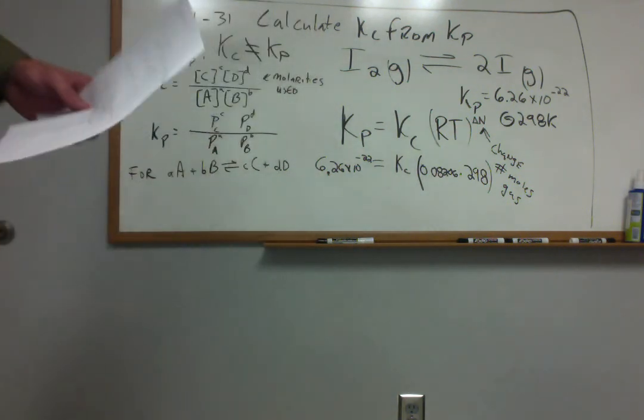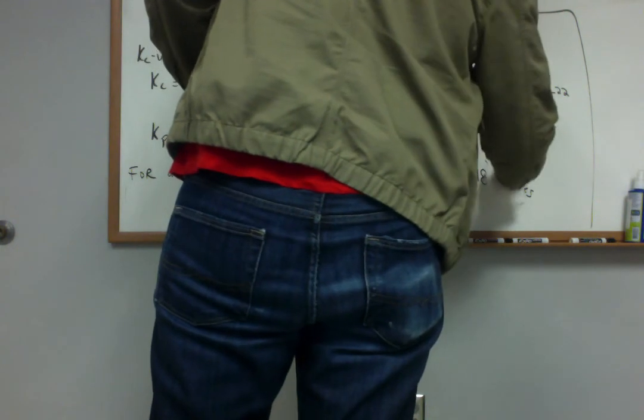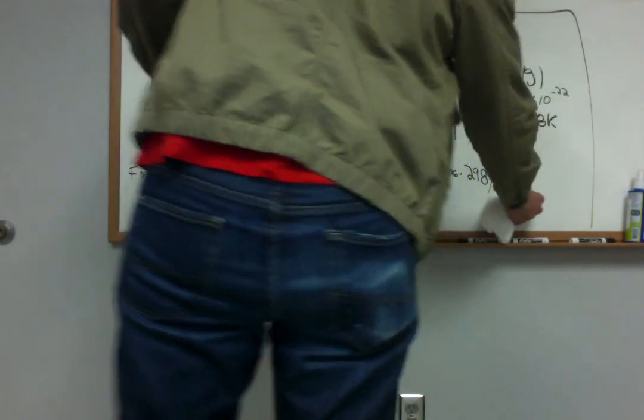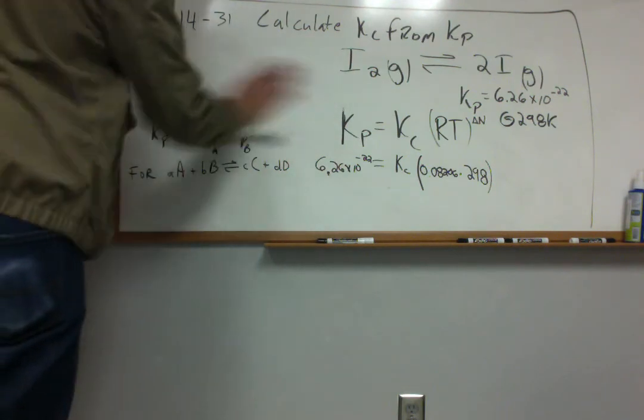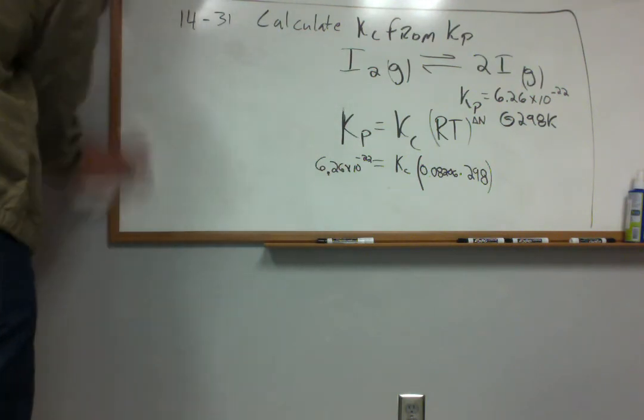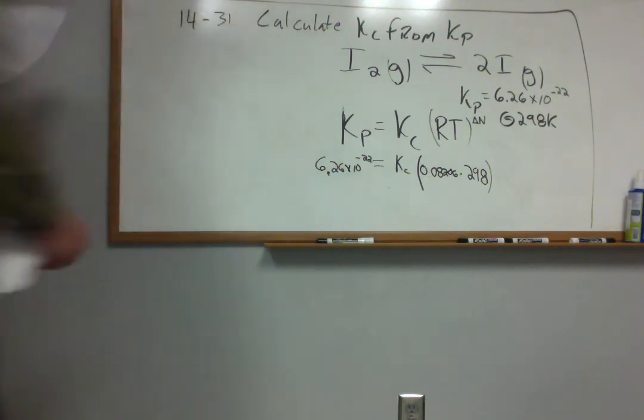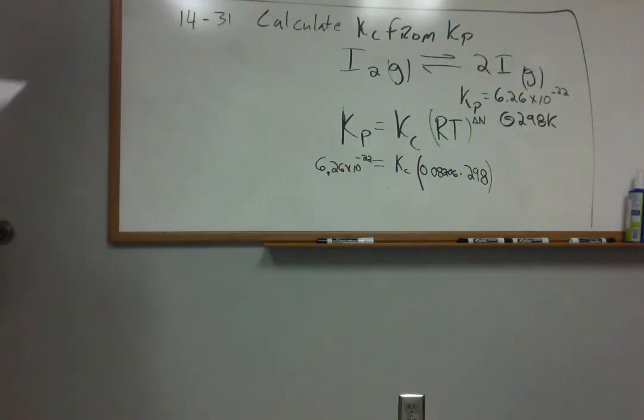So let me do some erasing here so I don't run things together. And then let's talk about how to find that delta N term, okay? How do we find the delta N?